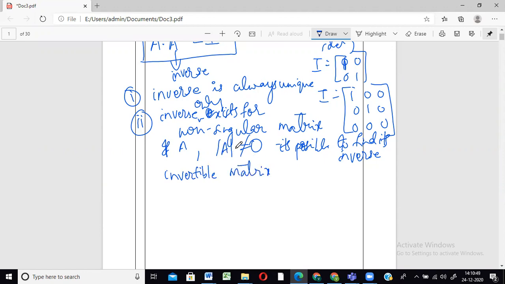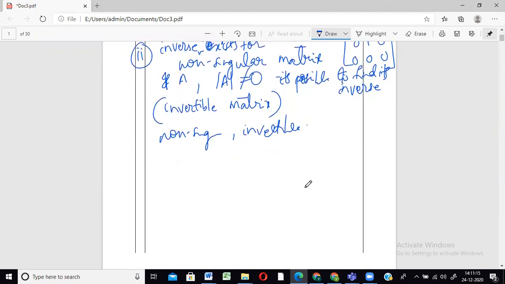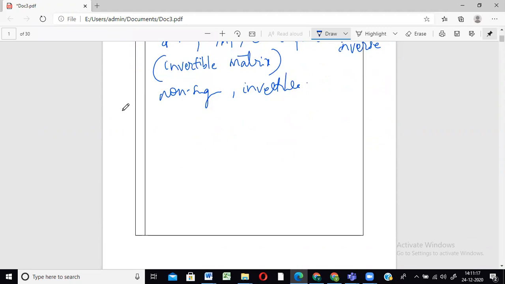If the determinant of that matrix is not equal to 0, that's called a non-singular matrix, we know, right? Then it is possible to find its inverse, correct? If it is non-zero, then its inverse will exist, and such a type of matrix will be called an invertible matrix. So these terms you have to remember: non-singular, invertible. These are the same things. For example, let us do one example. The question is, find which of the following matrices is invertible.